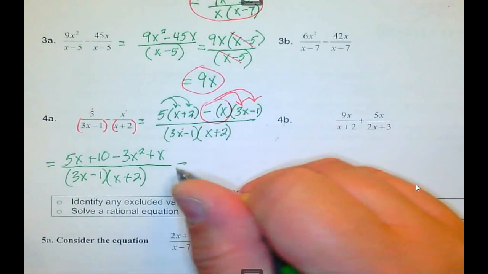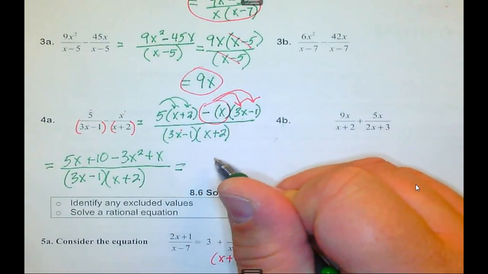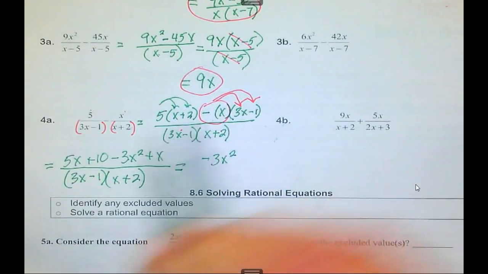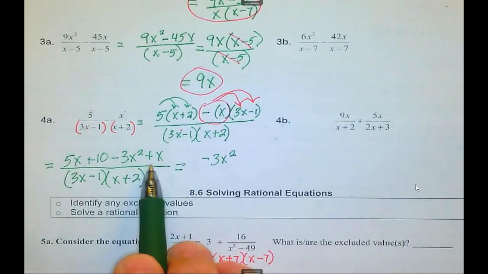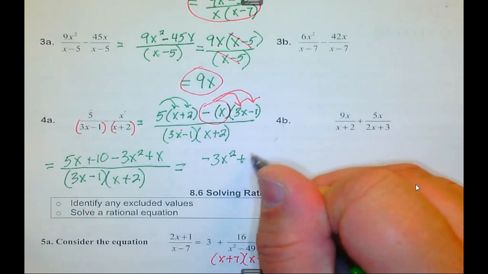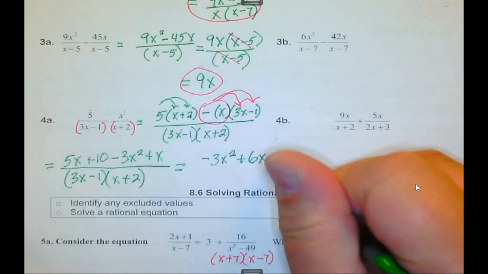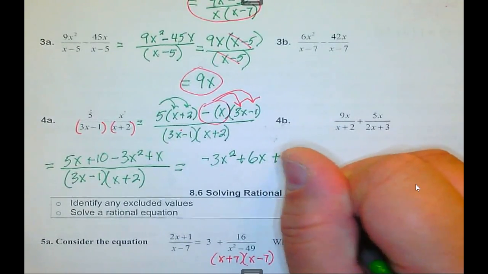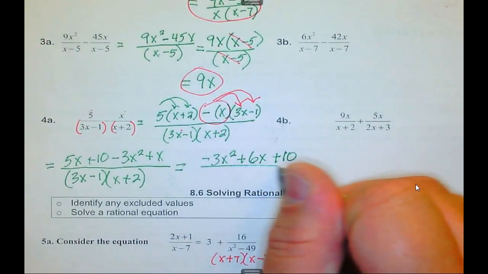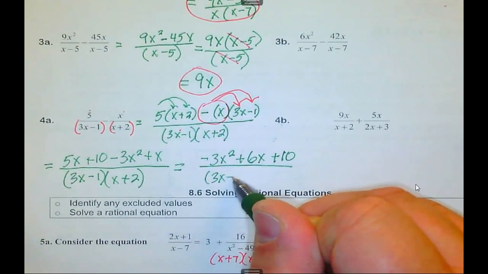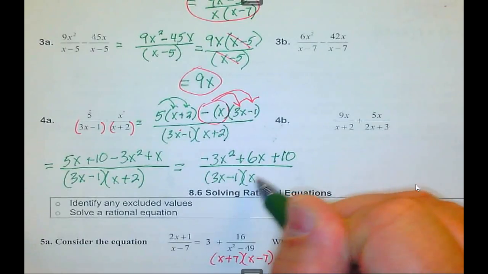Okay, I'm going to put it in standard form first. Negative 3x squared. I have a plus 5x and a plus x gives me plus 6x. And plus 10, all over 3x minus 1, x plus 2.